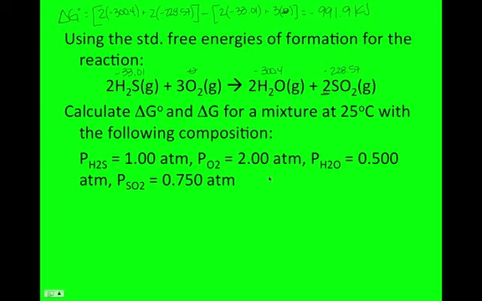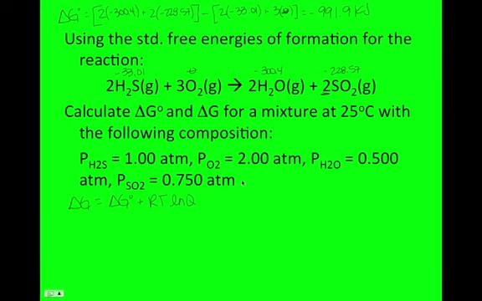So the way that you do this is you use the last formula that we got: delta G at non-standard conditions is going to be equal to the standard delta G plus RT natural log of Q. And Q looks just like the equilibrium expression for K, except instead of being at equilibrium, it's the conditions right now.